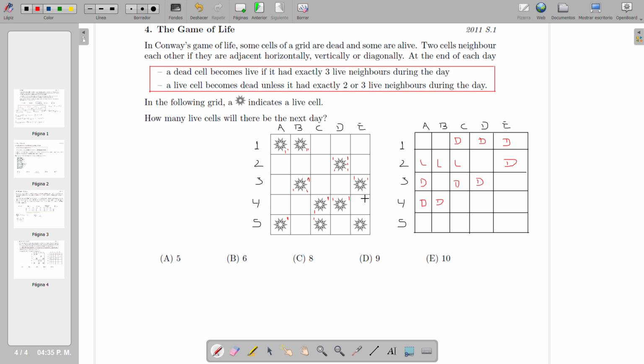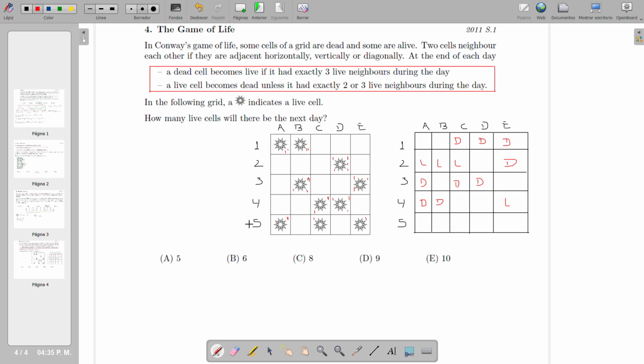And cell E4 has 1, 2, and 3 live cells, exactly 3, so this cell will be live by next day.